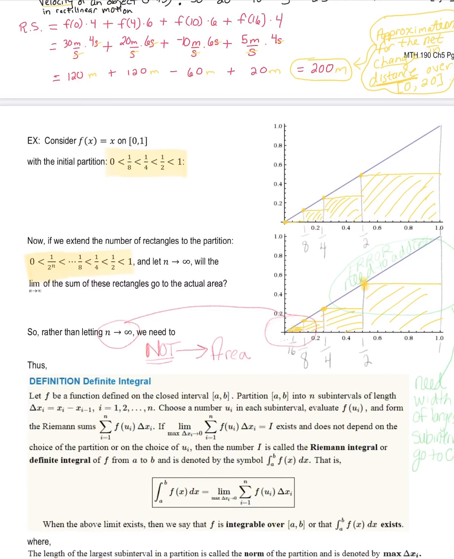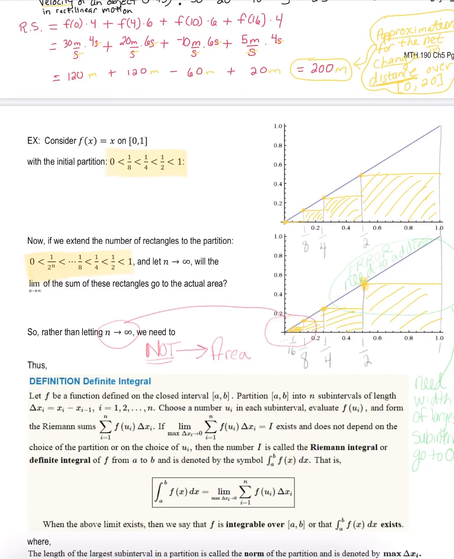So we need that to go to 0. The width of the largest subinterval is what we need to go to 0. Incidentally, that would have worked fine even back with equal widths.